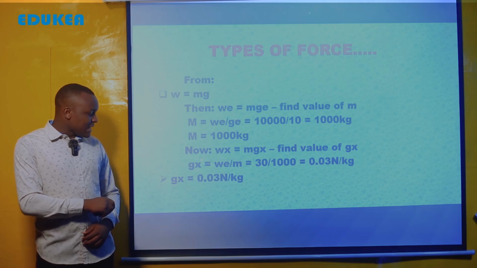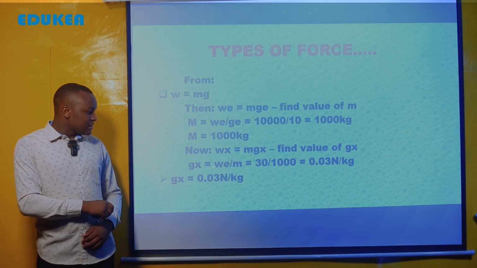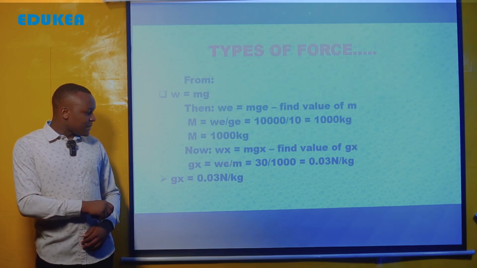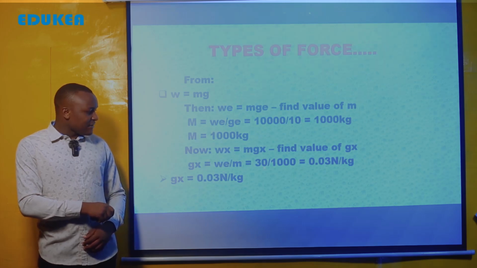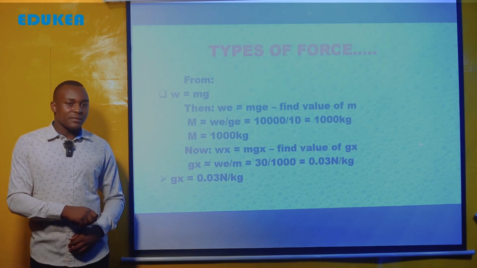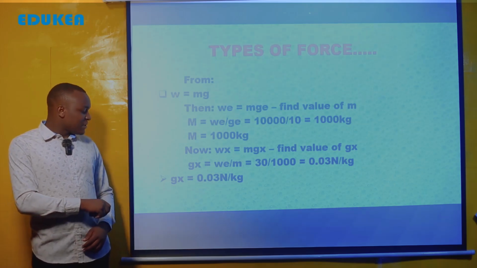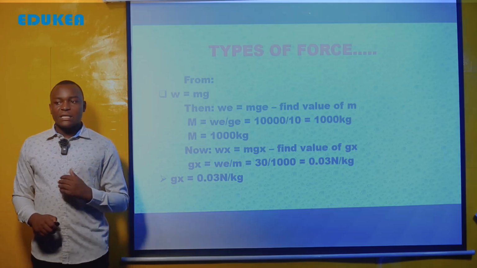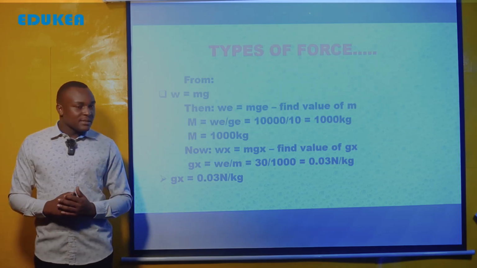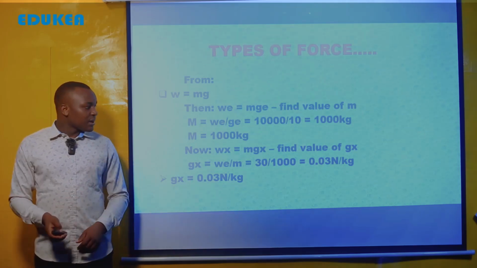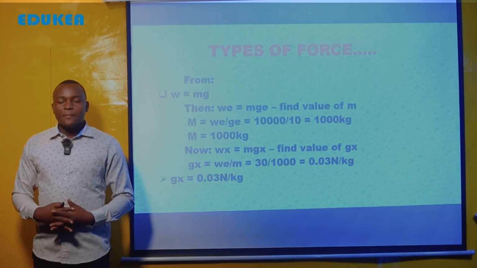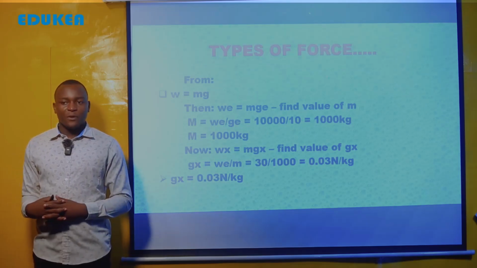So Gx will be equal to the weight of the object in planet X divided by mass. You will get 30 divided by 1,000, which is 0.03 Newton per kilogram. So the gravitational force on planet X was 0.03 Newton per kilogram. That is how you can find the gravitational force of any planet.